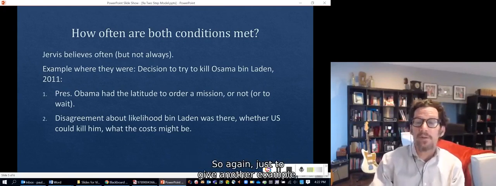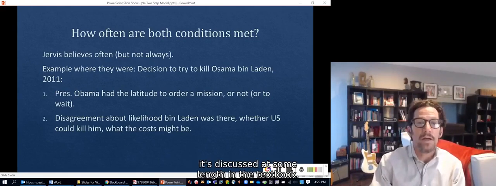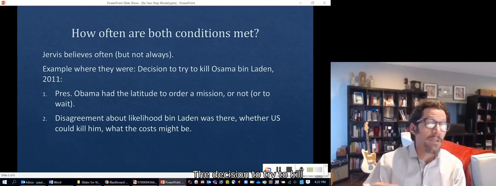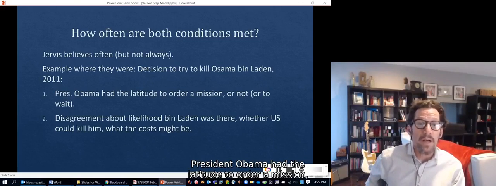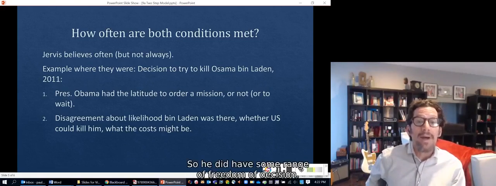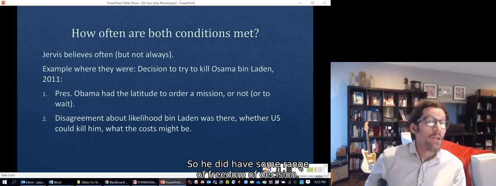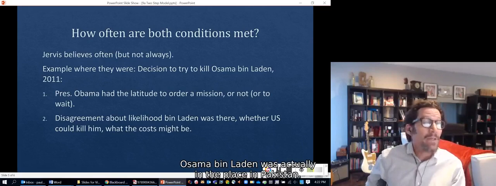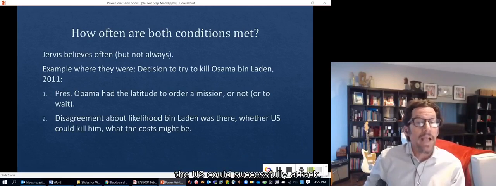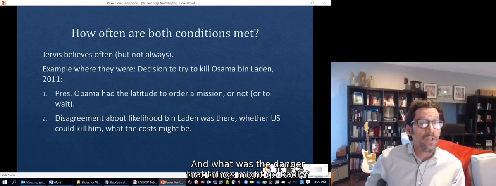So again, just to give another example that's discussed at some length in the textbook, the decision to try to kill Osama bin Laden was an interesting one. President Obama had the latitude to order a mission, or he could have decided not. So he did have some range of freedom of decision, and there was a lot of disagreement about what to do. There was disagreement about whether Osama bin Laden was actually in the place in Pakistan they thought he was, whether the U.S. could successfully attack, and what was the danger that things might go badly.